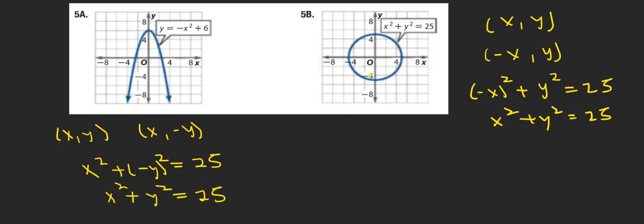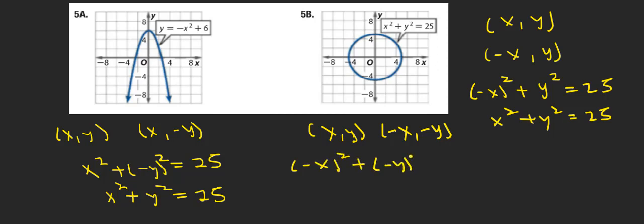What about the origin? Symmetry with respect to the origin. If you have (x, y), that means you should also have (negative x, negative y). So let's substitute negative x and negative y and see if you get the same equation. You did. So it is indeed symmetric with respect to the origin.